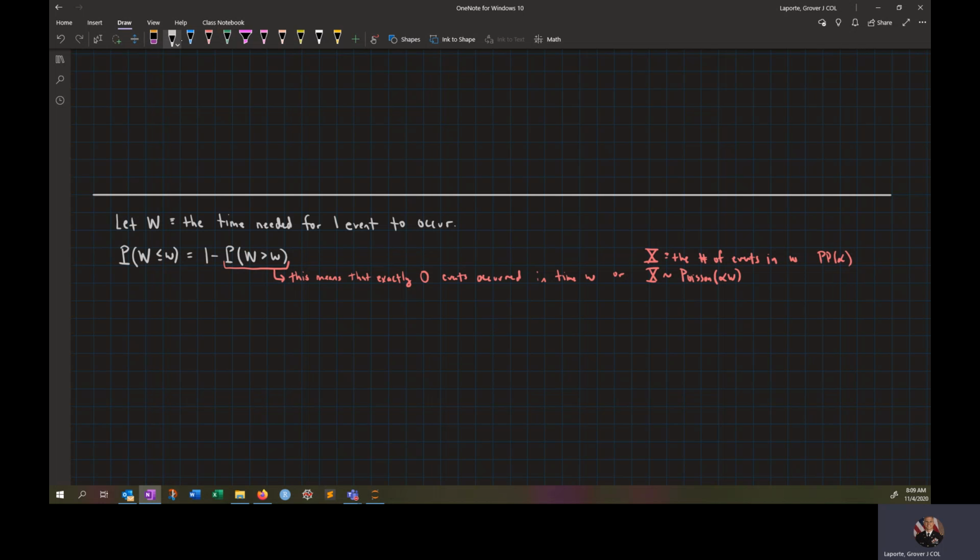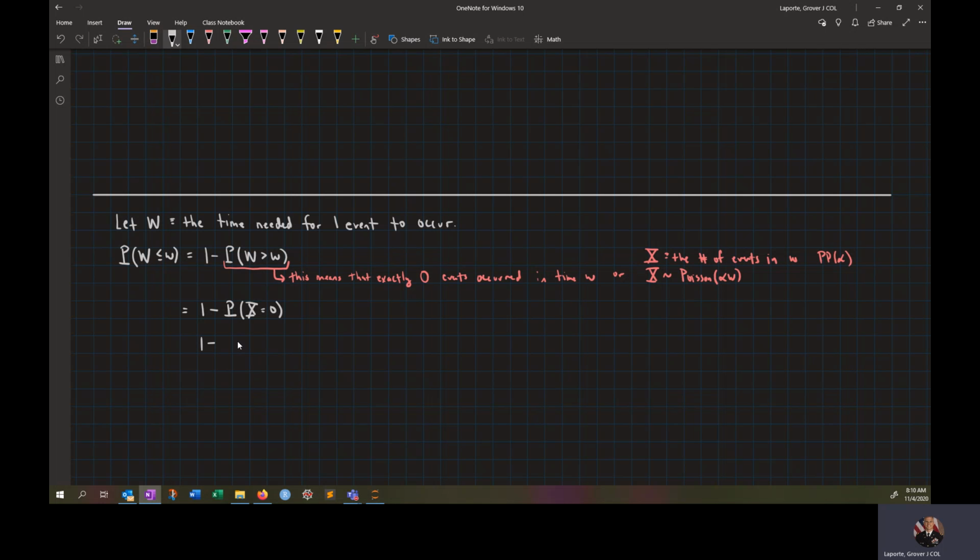Okay, so if that's the case, then I can now rewrite this as 1 minus the probability that X is equal to 0. This idea of W being the amount of time until the very next thing happens is the same thing as saying that X is equal to 0. I know this has a Poisson process, and I know exactly what it looks like.